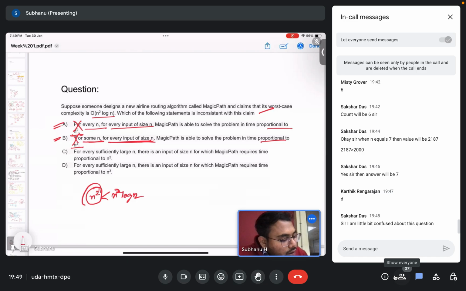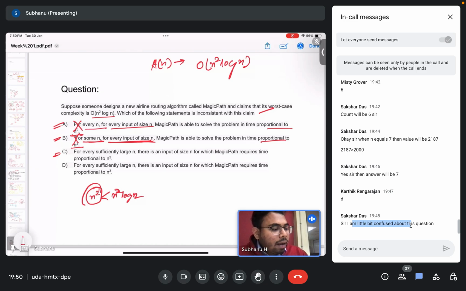Now for C, for every sufficiently large n, there is an input size. If you are confused about this question, basically you have one algorithm A_n, and it takes order of n square log n time to execute.